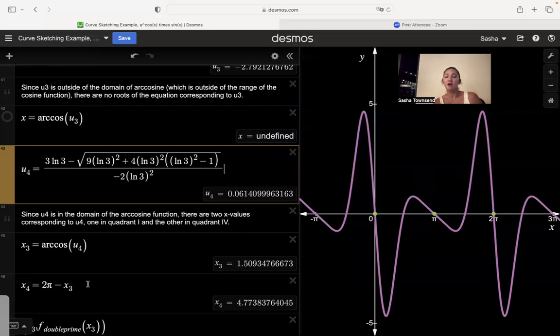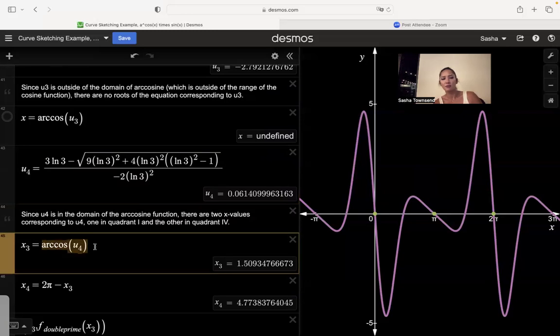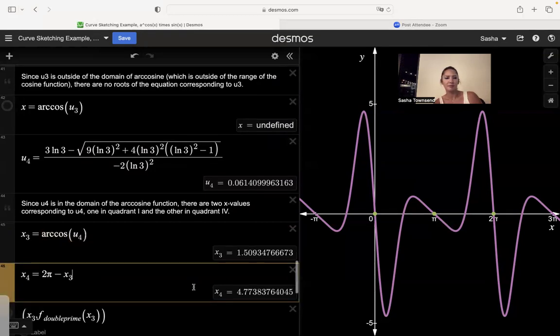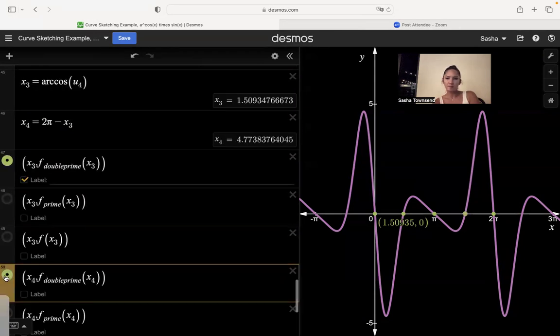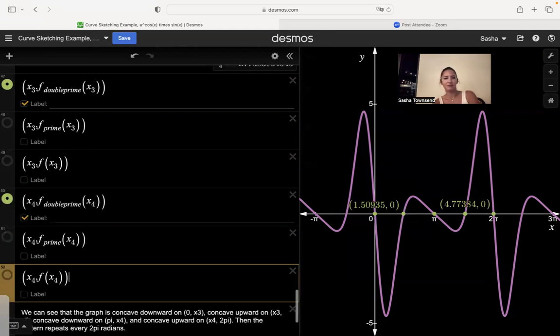To get the angle that also corresponds to that positive cosine value in quadrant 4, we have to use this arc cosine of U4 as our reference angle. So we're going to let x4 equal 2 pi minus that arc cosine, or x4 is 2 pi minus x3, which gives us that 4.77 number. So if I evaluate f double prime there, I should get a 0. And that's what we see on the interval from 0 to 2 pi.